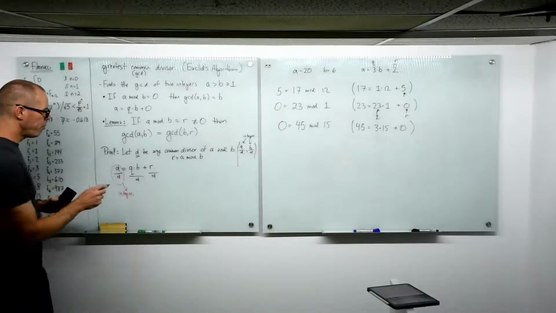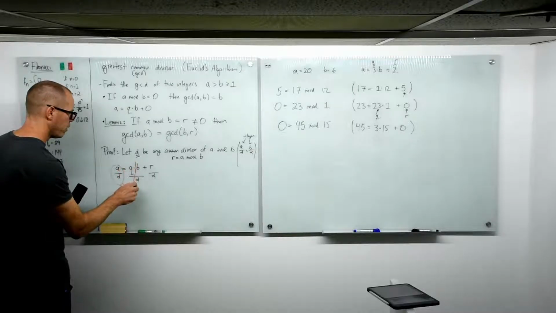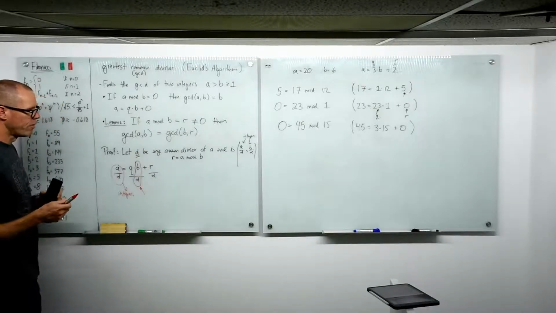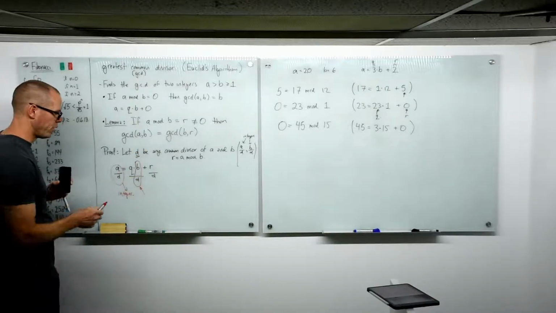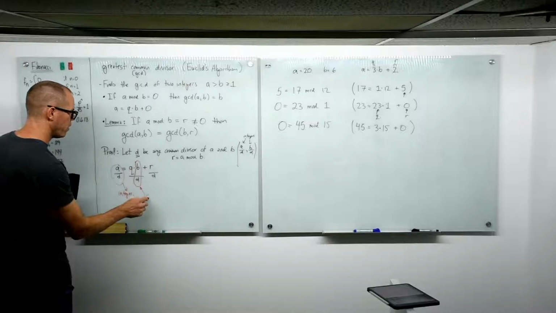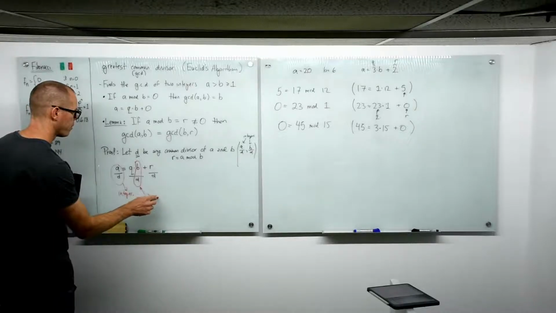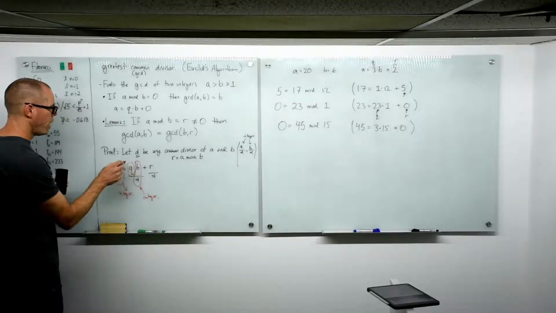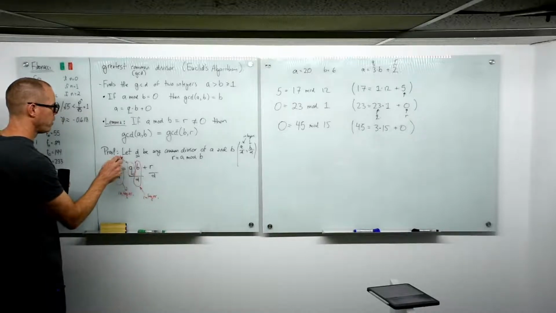Over here we have B divided by D, which, because D is a common divisor of A and B, is a divisor of B, so this is an integer. And Q, by the definition of mod, is also an integer.